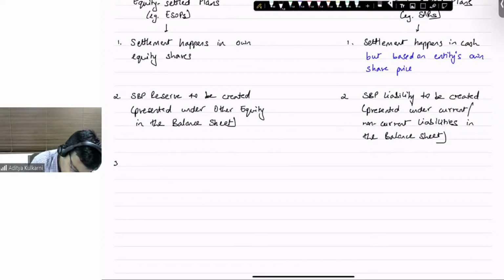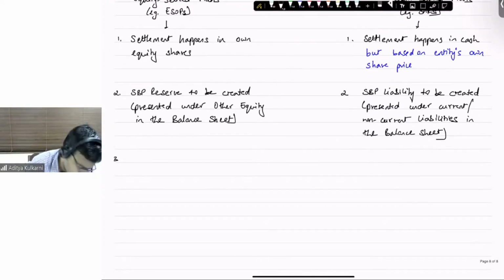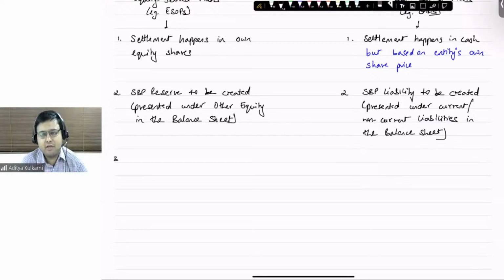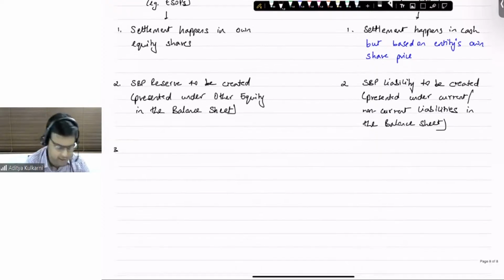The third broad difference is, in the case of equity settled plans, do we do a remeasurement? Answer is no. We do not do a remeasurement. What we do is basically price it at the fair value at the grant date and do the entire accounting based on the fair value at the grant date.